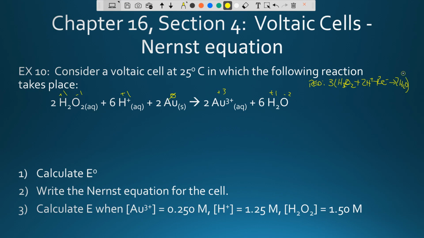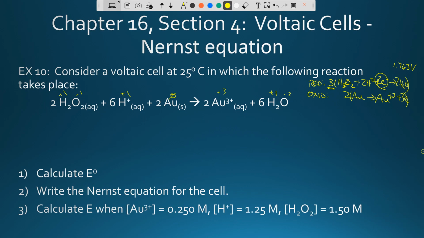And I end up using my chart. I see that the reduction potential is going to be 1.763 volts. Now remember, it's 3, so actually there ends up being 6 electrons involved. My oxidation numbers then, again, from my charts, I see that I have 2 golds, and that's going to give me gold plus 3 on there.